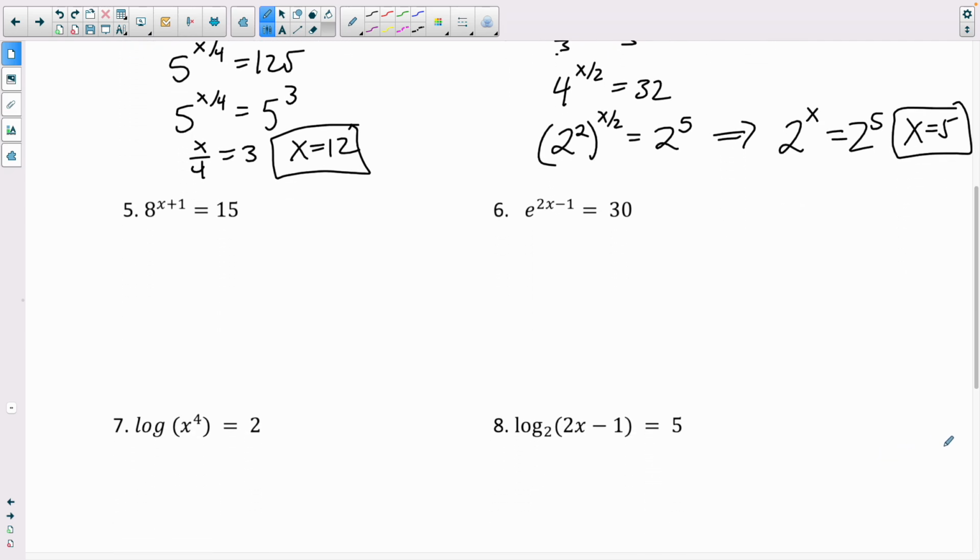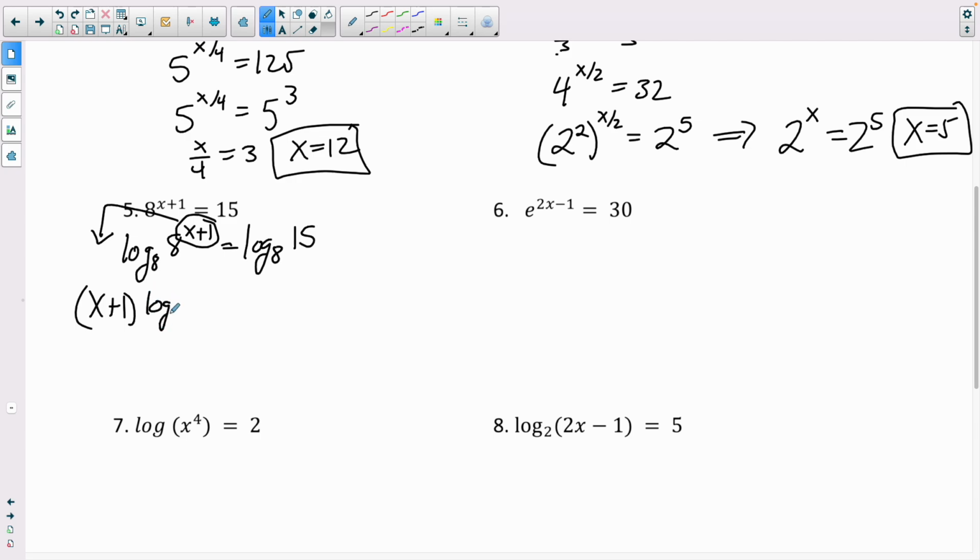Number 5, 8 to the x plus 1 equals 15. I'm going to take the log base 8 of both sides. The reason I do this is this will allow me to bring my exponent down.